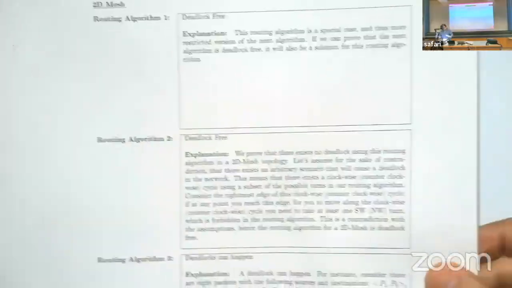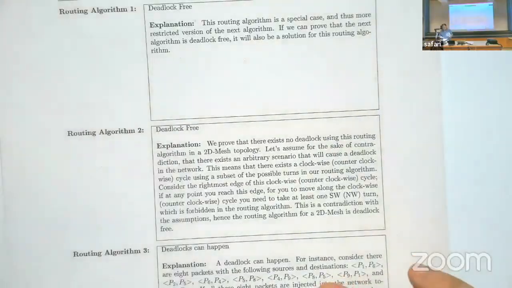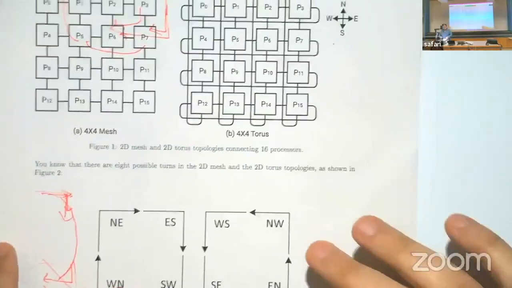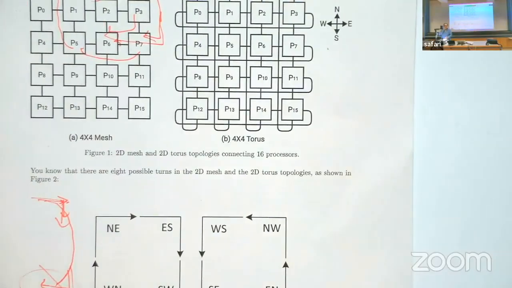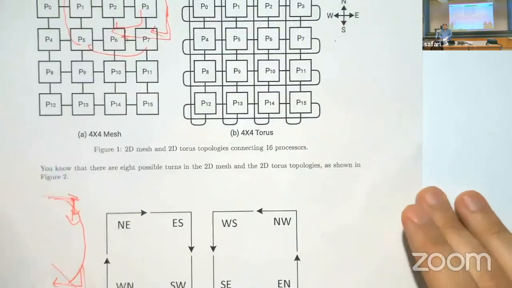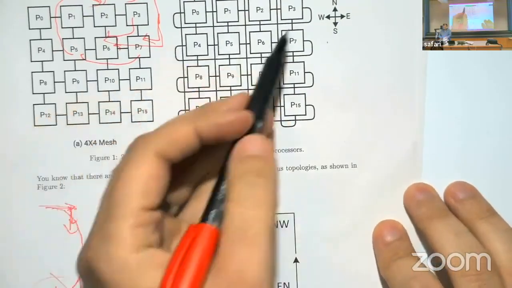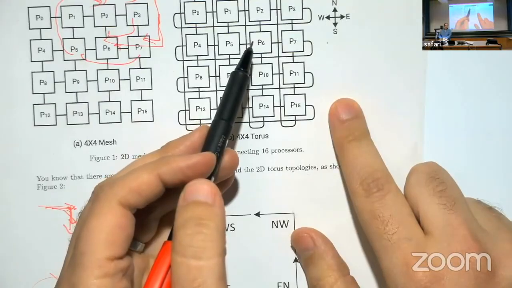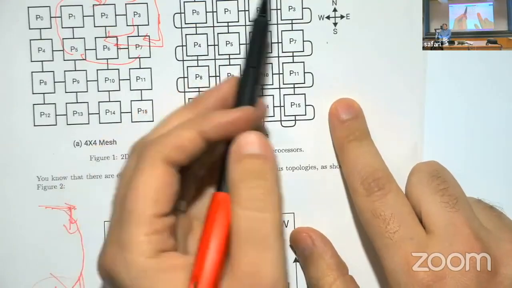So the answer for the Torus network is actually very easy because all of them have deadlock. In the Torus network, the topology has a circle, right?